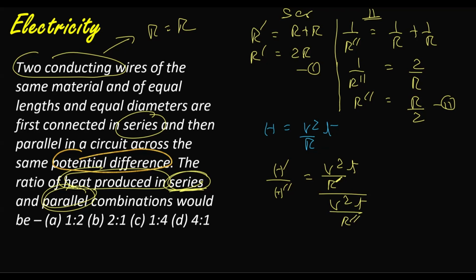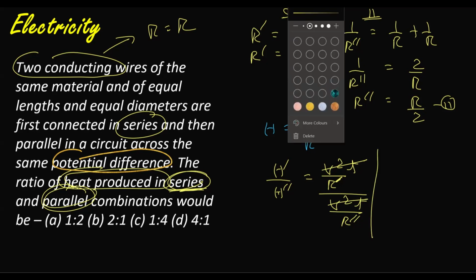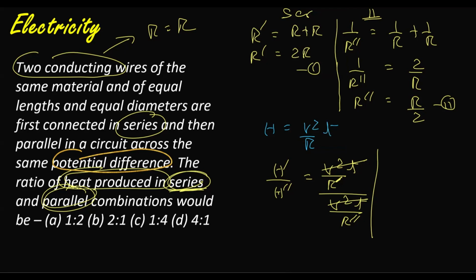Now what you can observe is that V square T gets cancelled here. So H dash over H double dash, by cross multiplication, comes out to R double dash over R dash.